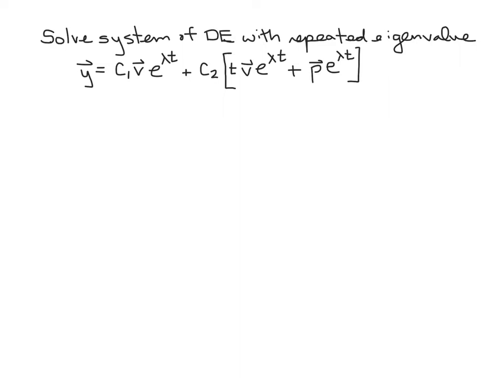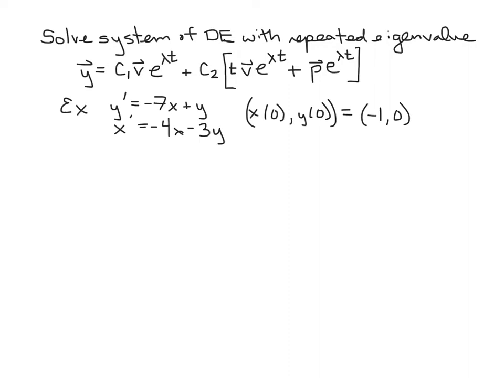So you actually need this other associated vector to be able to solve this system. And even if you just want to try it, plug a solution like this into a differential equation and see if it works, you'll find that it doesn't. You need this other vector. So let's move on and look at an example.